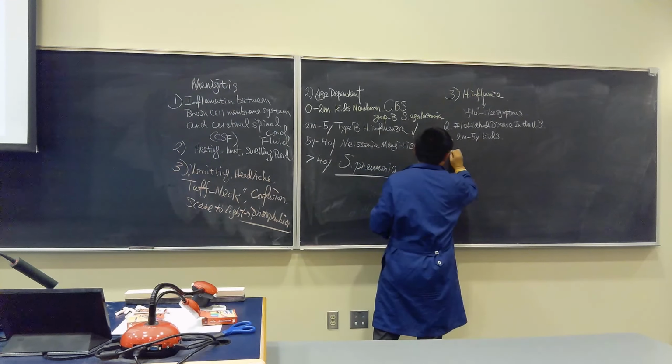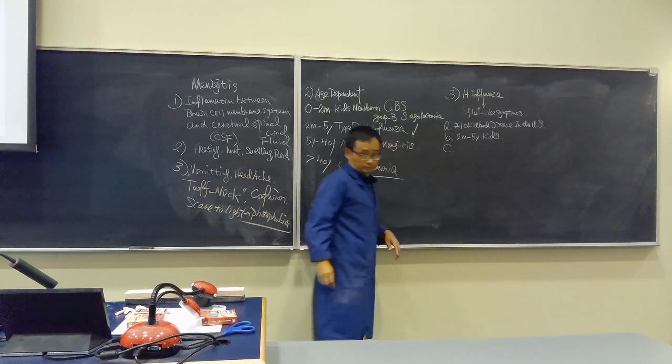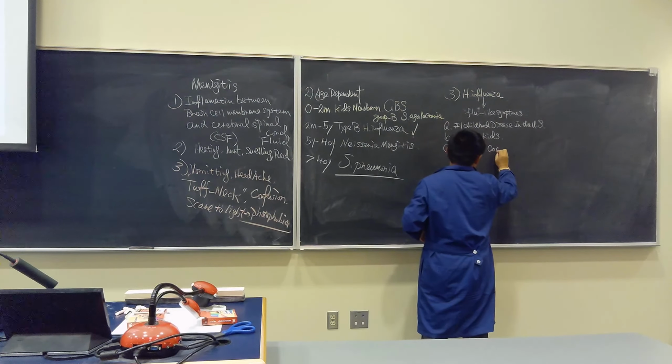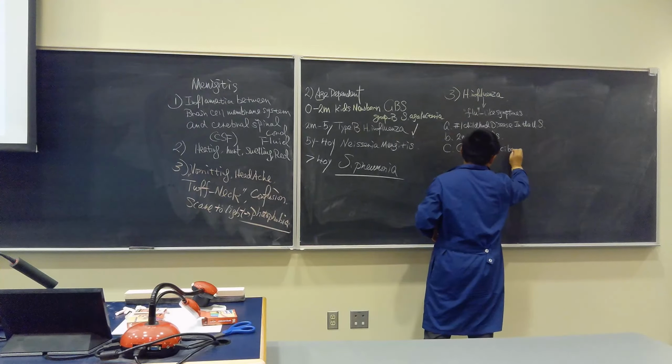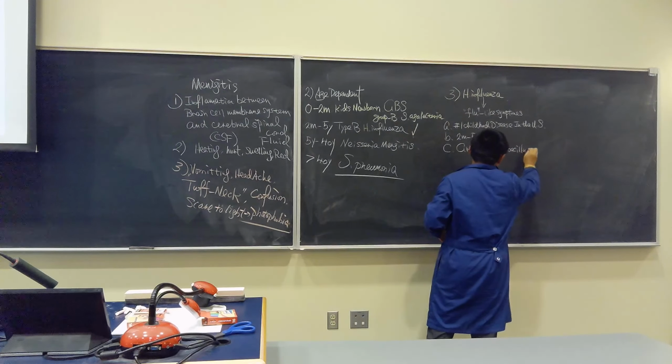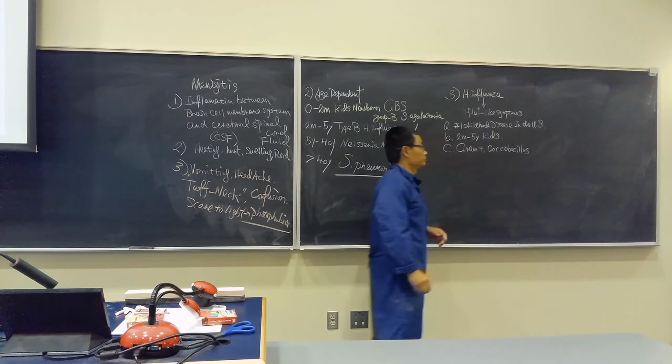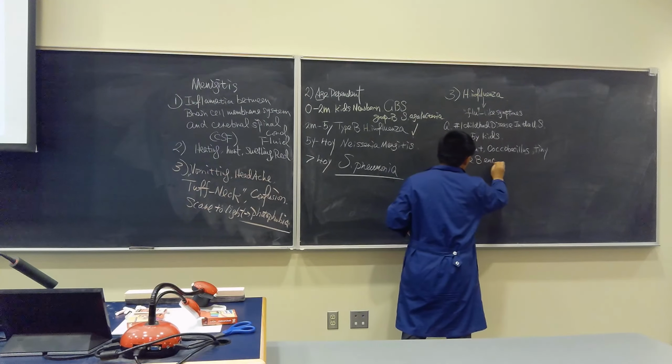Now, what does this bacteria look like? This bacteria is gram-negative Coccobacillus. It's very tiny. It has a type B capsule.